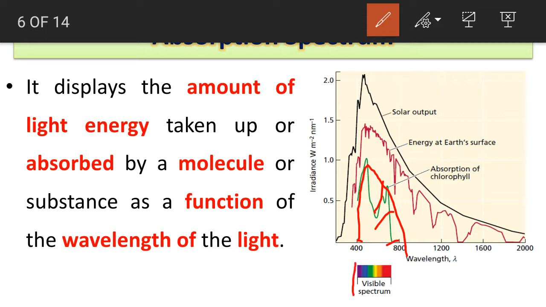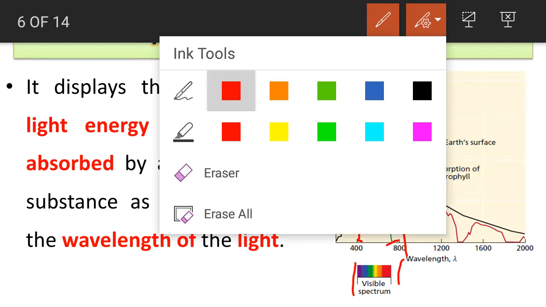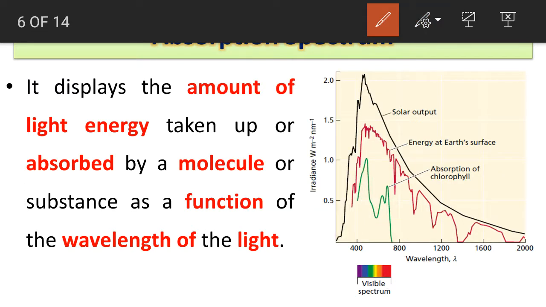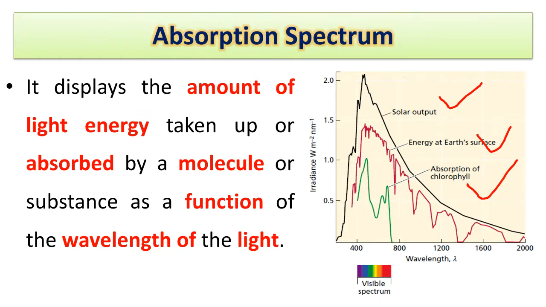These are energies in the visible spectrum. So this complete representation is called the absorption spectrum, where we can see the solar output, the energy received by the earth surface, and the absorption of energy by the chlorophyll pigments.